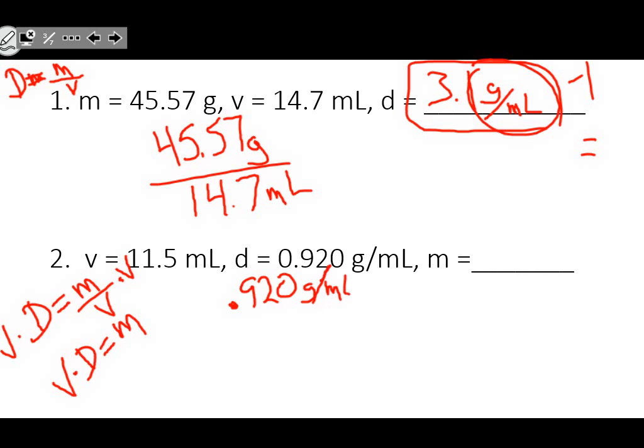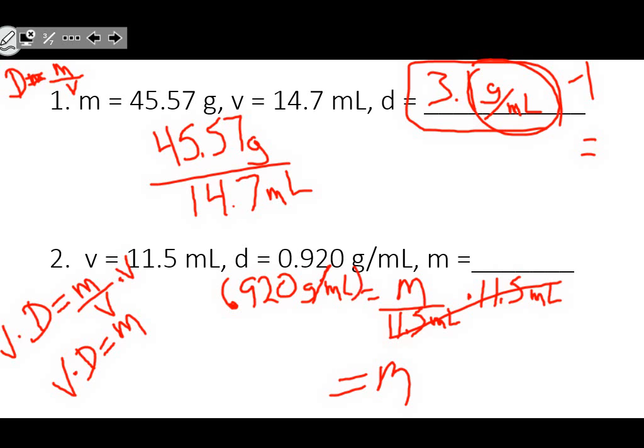Grams per milliliter equals M, we're looking for mass, and 11.5 milliliters. So once again, like I said, multiply, get it out of the bottom, cancels, left with mass.